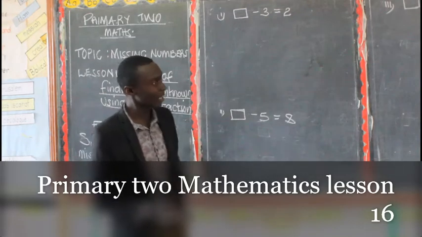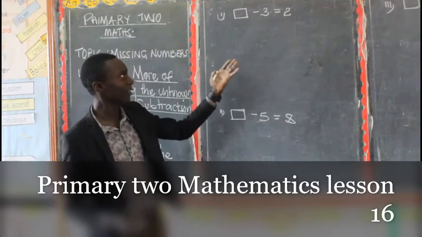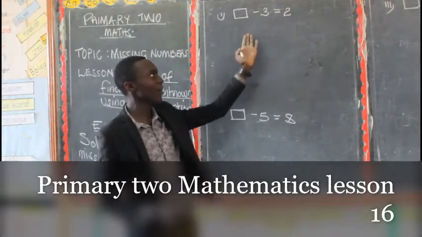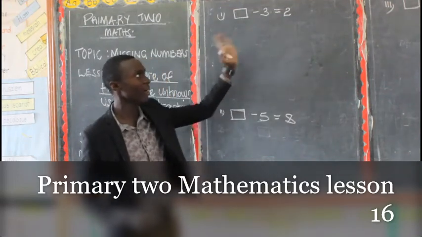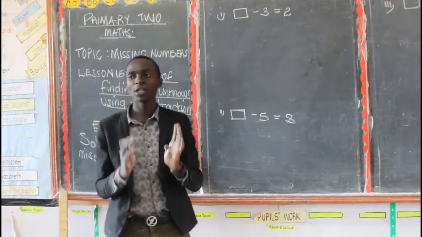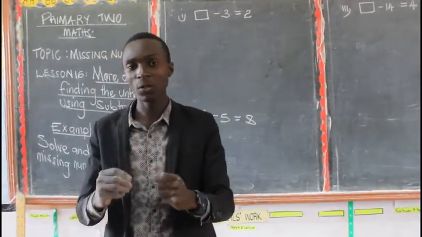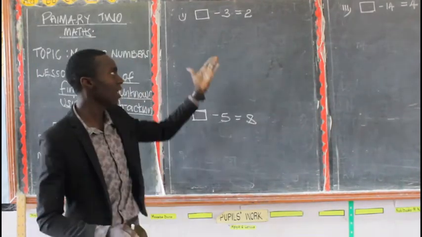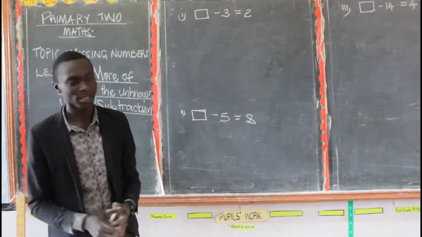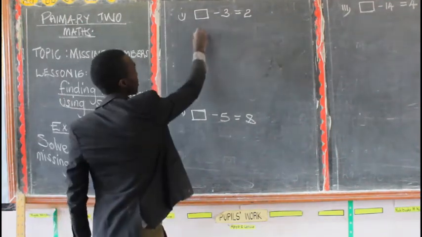A box minus 3 is equal to 2. Since here we are subtracting, and our box is on this side, not in between, we have to make sure that we add across the equal sign.